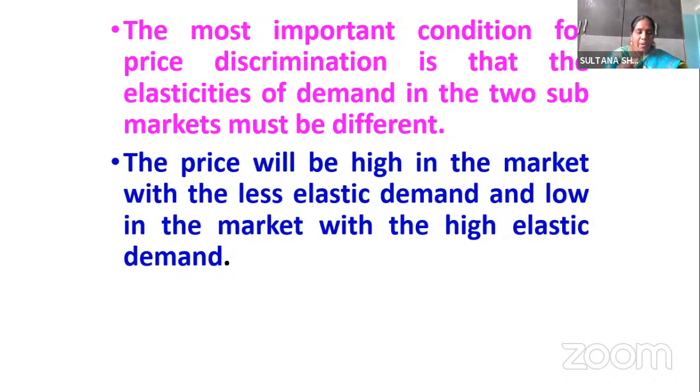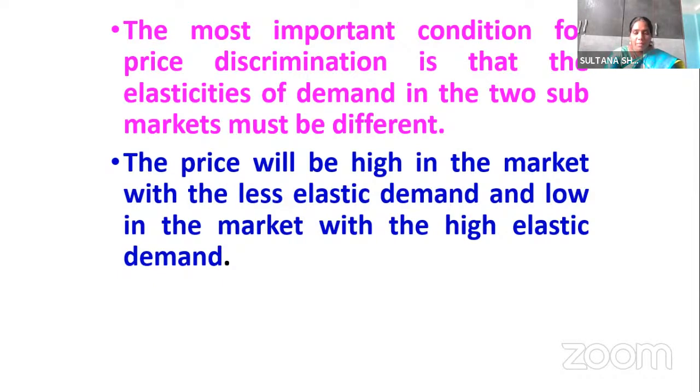The most important condition for price discrimination is that to discriminate the price, some conditions should be satisfied. What are those? Let us see. What is the first condition here?